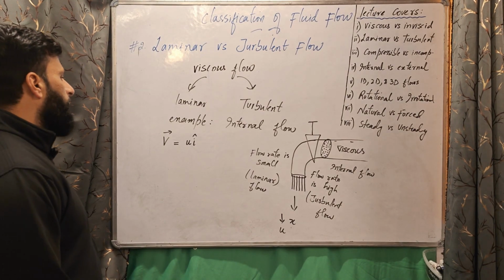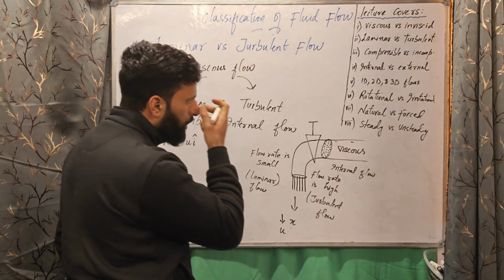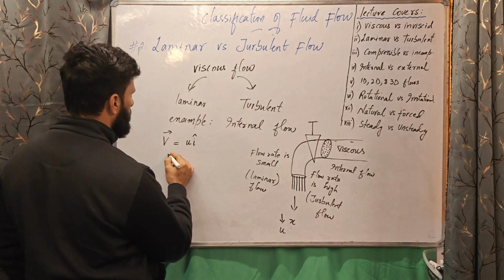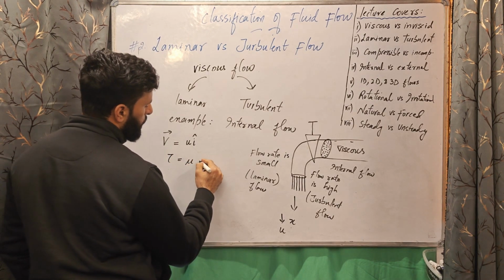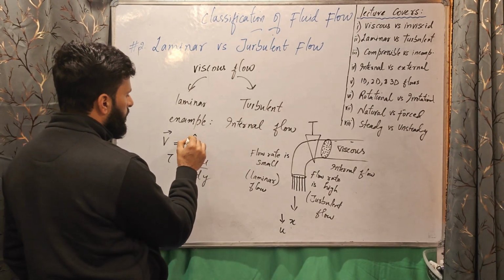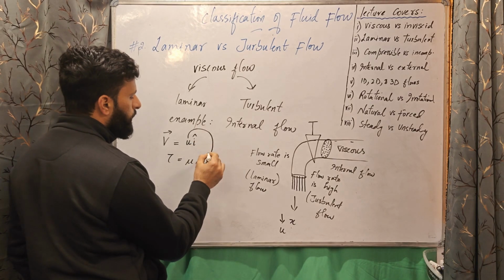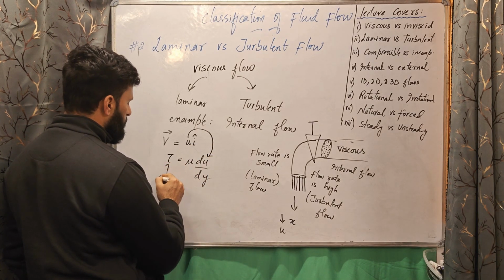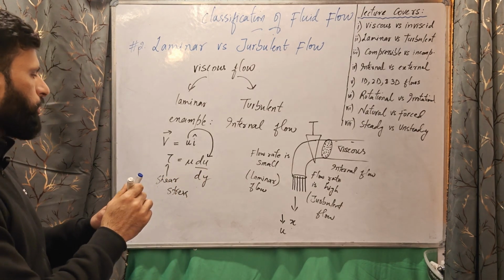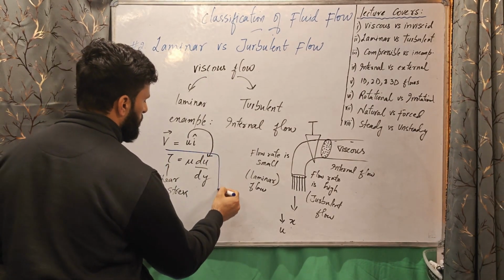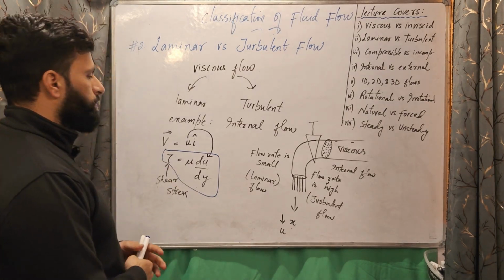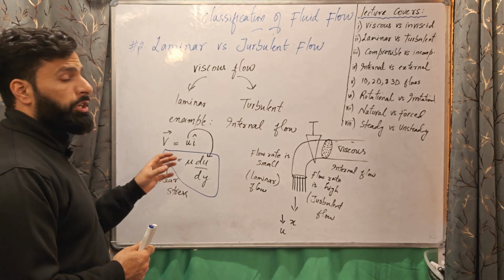It's very simple, and we see that the shear stress between the fluid and this solid wall is equal to mu du by dy. That means the relationship between this mean velocity, one dimensional mean velocity, and the shear stress is given by this simple relation called Newton's law of viscosity. We'll study it in different videos. Now there is a simple relation in case of laminar flow.